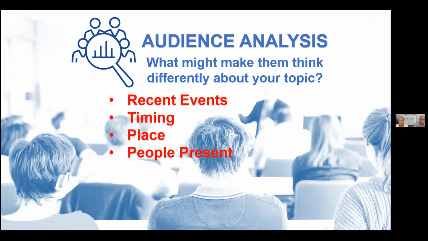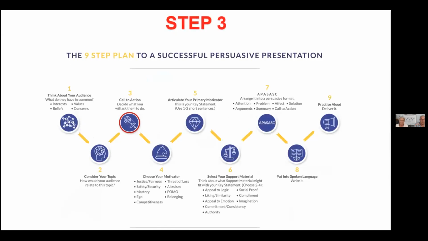So being able to understand who your audience is, what their interests are, and being able to identify how they might think about your particular topic will allow you to have that sharp focus, which then allows you to move on to the next step. And step 3 is call to action.